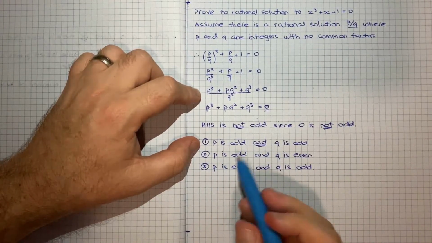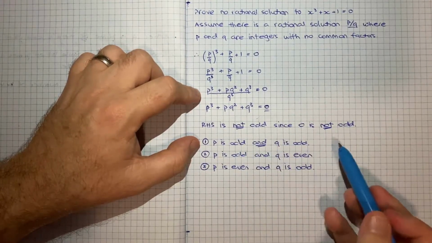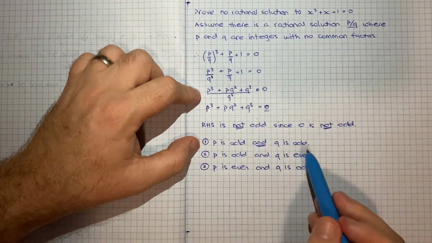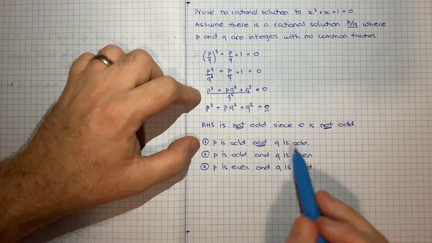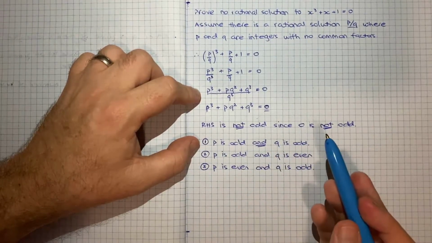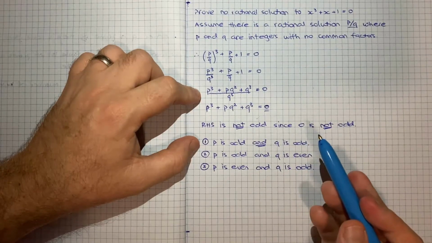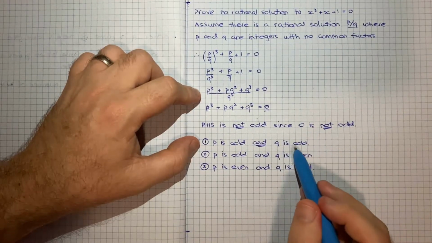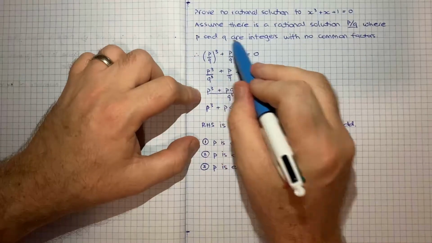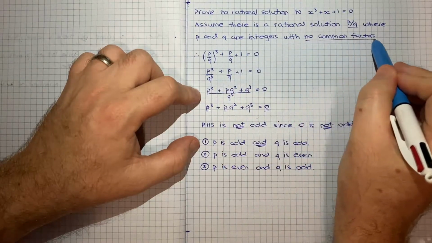You may ask, well, what about P is even and Q is even? The reason we don't have to consider that is because if both P and Q were even, then they would both be divisible by 2, which means they would both have that common factor of 2. But we have said P and Q are integers with no common factors.